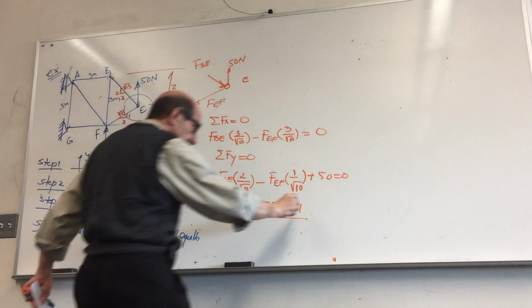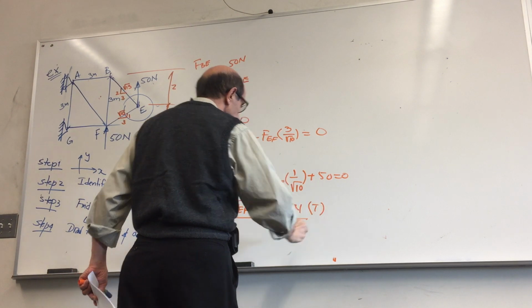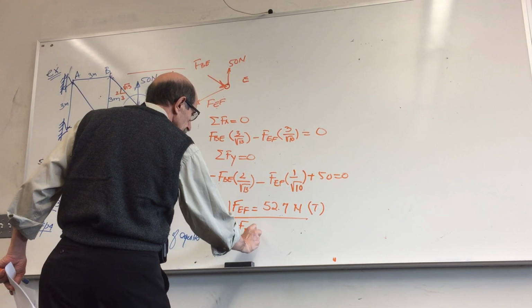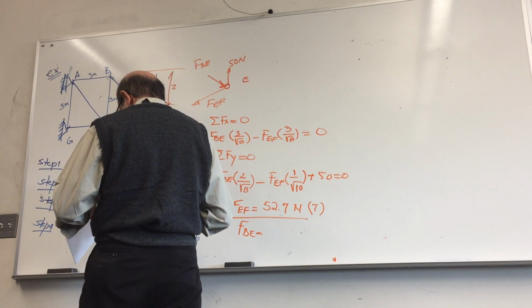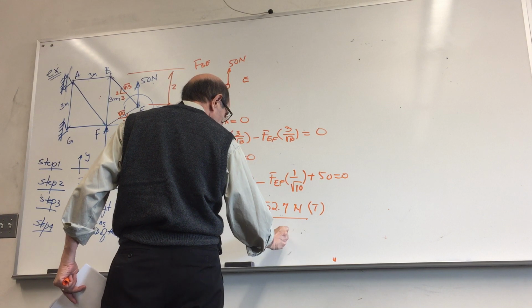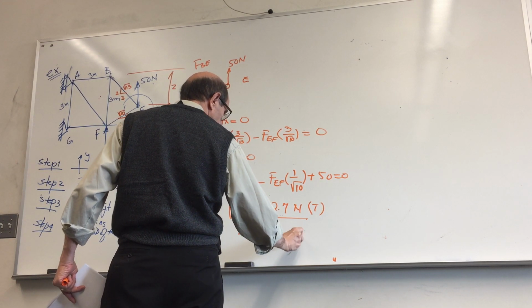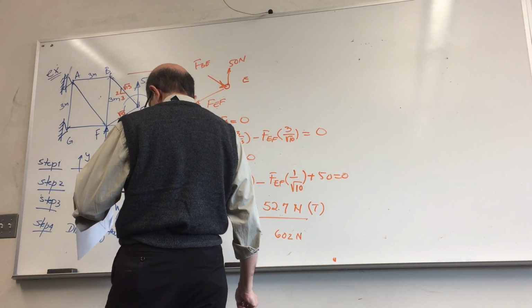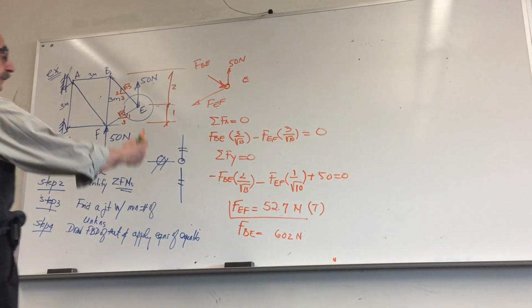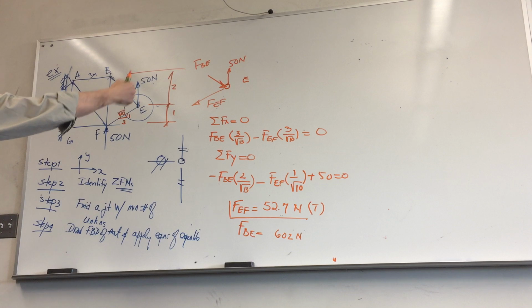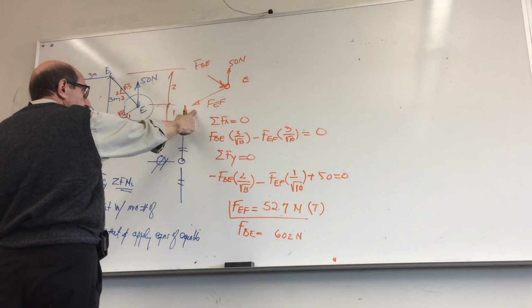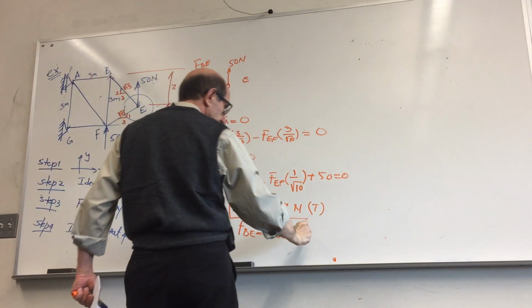Tension. That's in tension, right? And FBE comes out to be 602 Newton, okay? And since that force is moving away from the joint, the corresponding member is in tension.